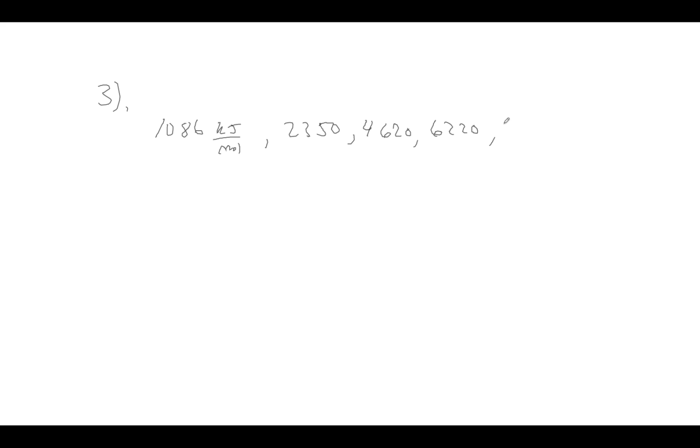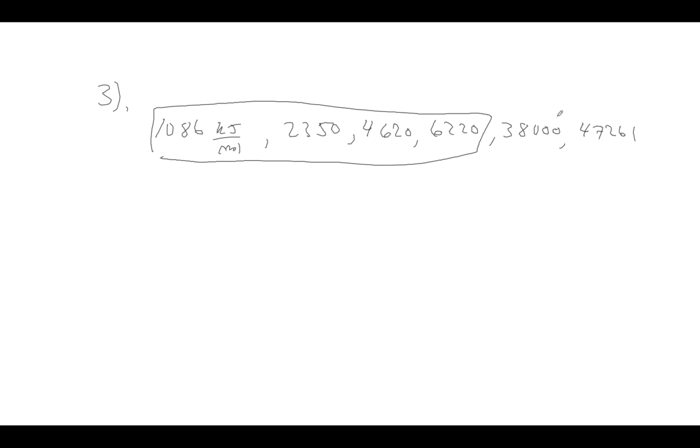And then all of a sudden we go 38,000 and 47,261. So how many valence electrons do we think we have? Well, it seems to me like these are all relatively easy to remove compared to these, right? So these are definitely core, and these are definitely valence.